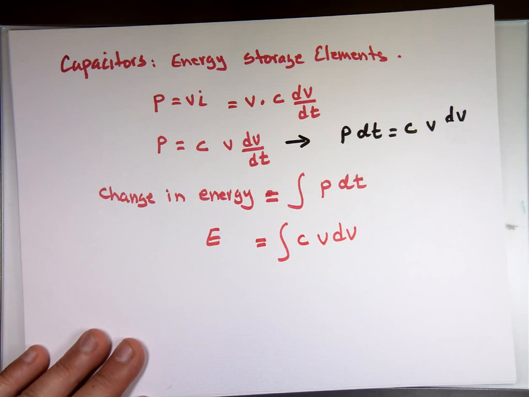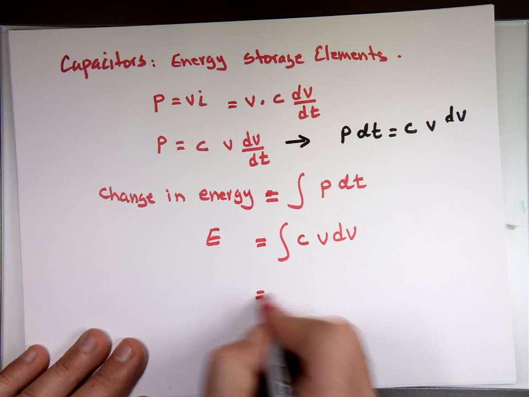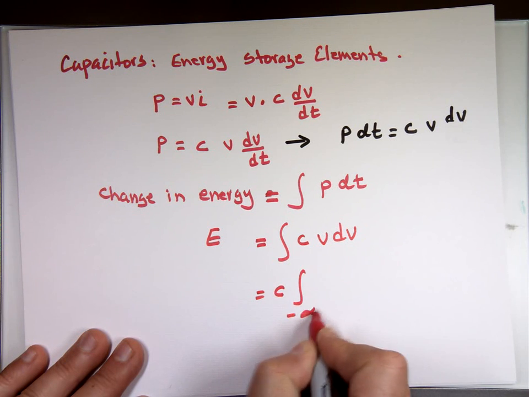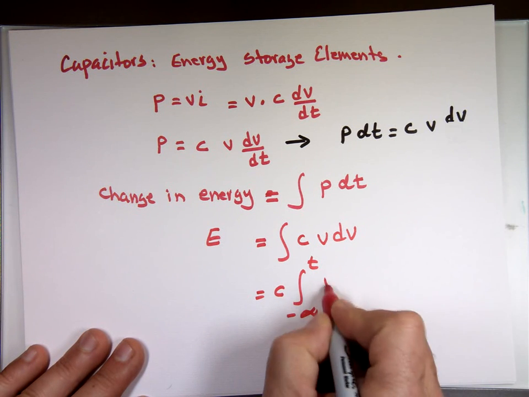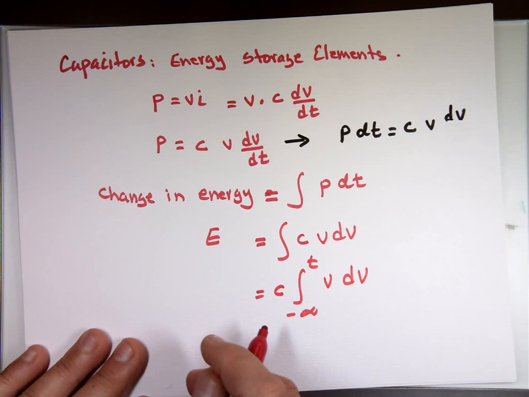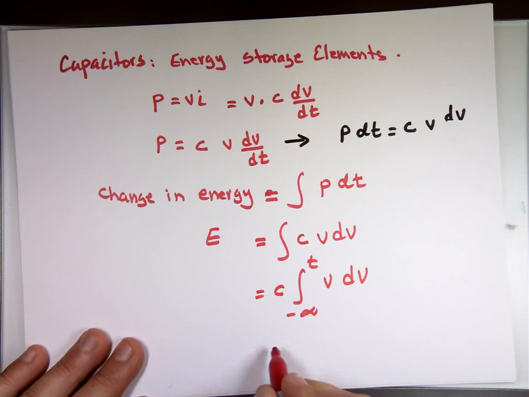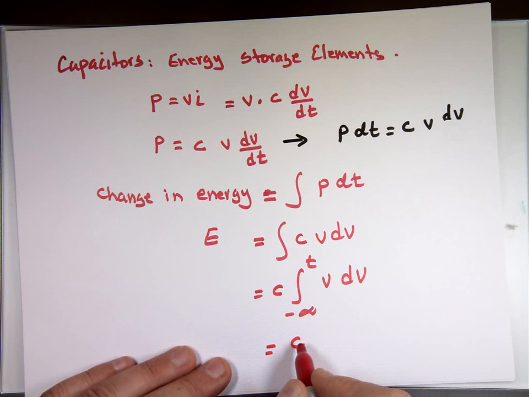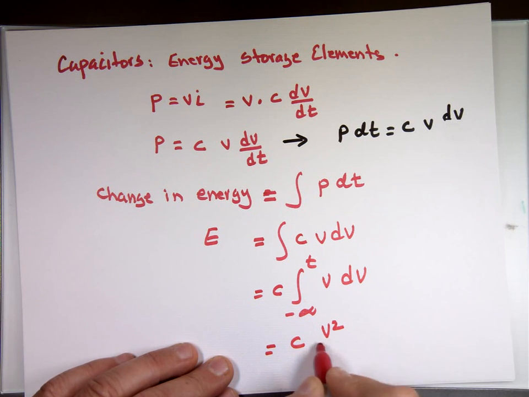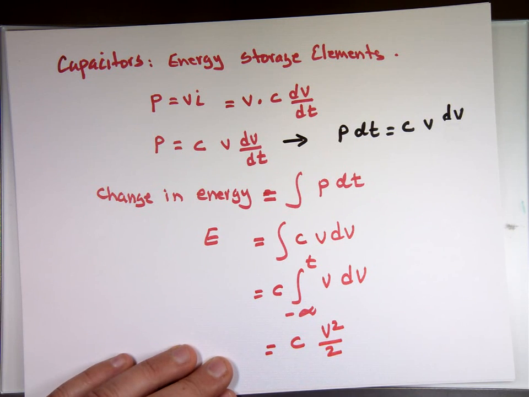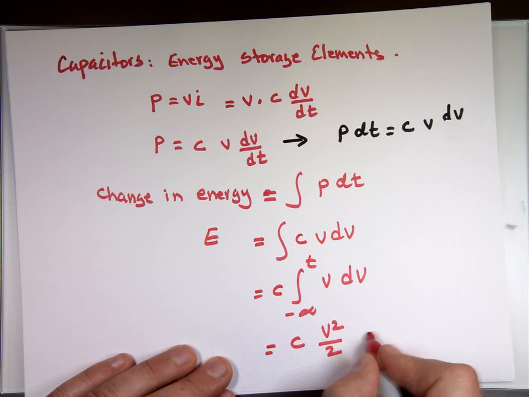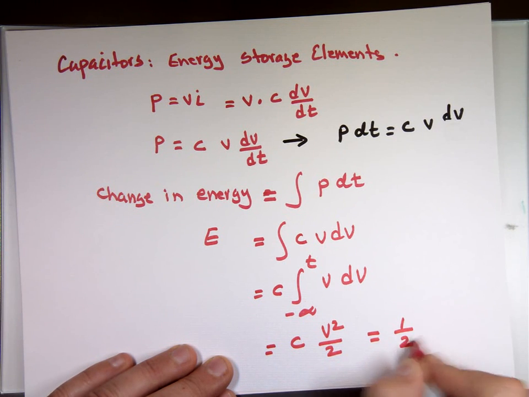If I take the C outside, what's the integral of v dv? What's the integral of x dx? x squared over 2. Yep, v squared over 2. So the energy is going to be 1/2 C v squared.